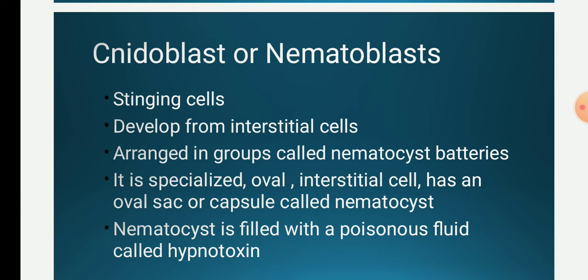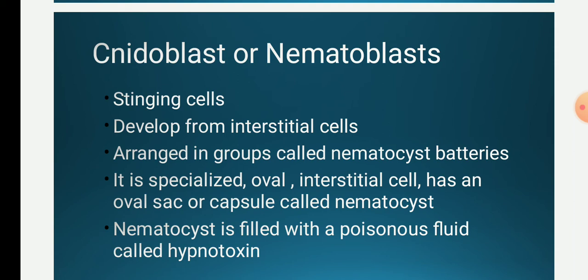In the tentacles, they are arranged in groups. This group is made up of 10 to 12 in number, and this group is called a nematocyst battery. The nematoblasts are arranged on the surface of the body and in the tentacles. The nematoblast cannot be used again.